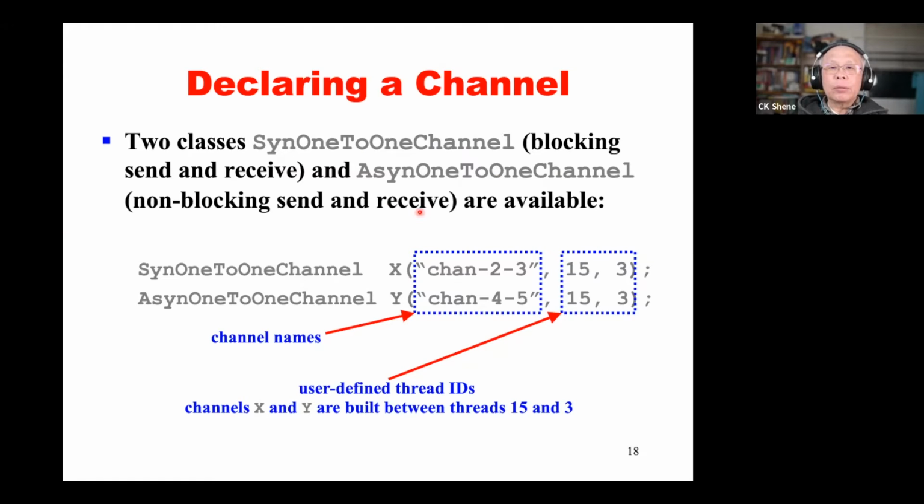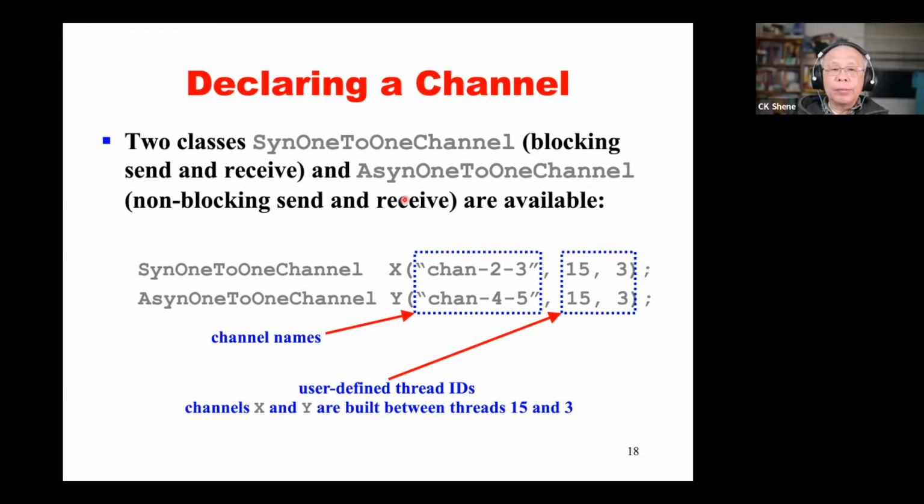Actually, ThreadMentor has more channel types, but we found out throughout the years that students may easily get into some trouble if using other channel types incorrectly. For example, ThreadMentor does have synchronous many-to-many channel and asynchronous many-to-many channel, but we disabled them all.